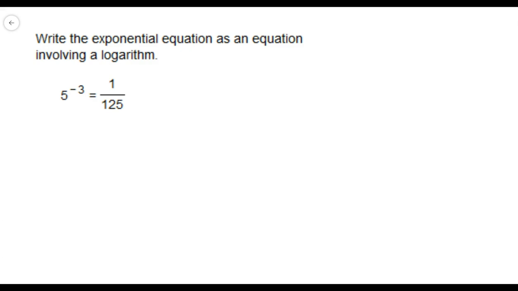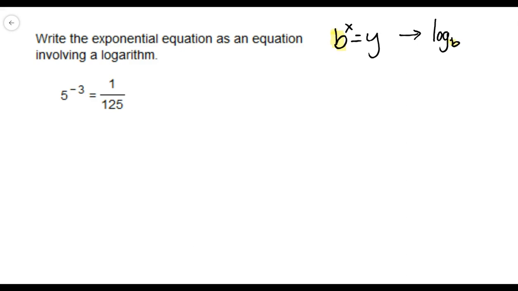So if you have an equation like b to the x equals y, this is an exponential equation. This can be written in logarithmic form by writing the word log, and the base of the exponential is going to be the base of the log.